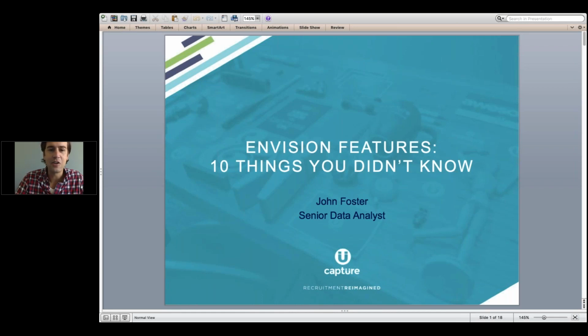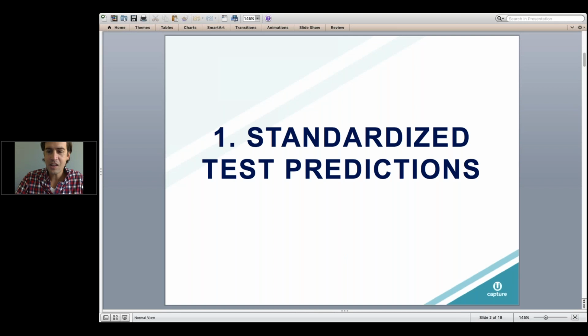With that, let's look at some features of Envision that maybe you didn't know about. The first one that we're starting with, you don't know about because it is still in development. But later on, for the current year, we are going to start including predictions on SAT, ACT, and GPA to show what that's likely to look like in your enrollment class.